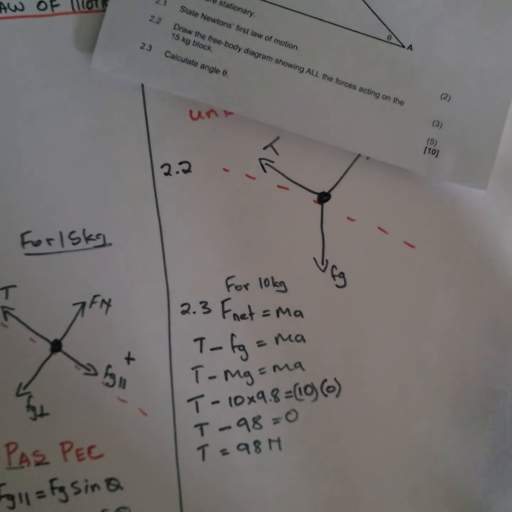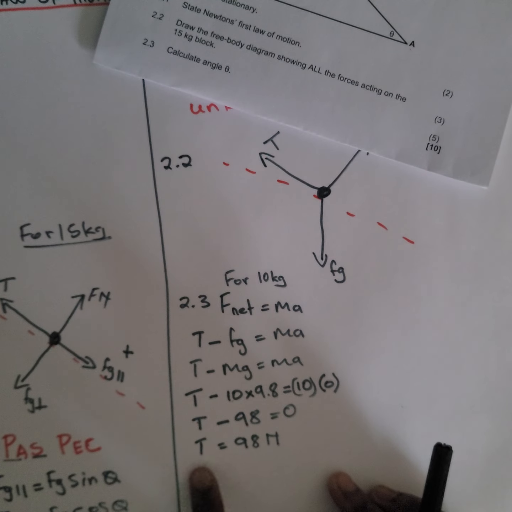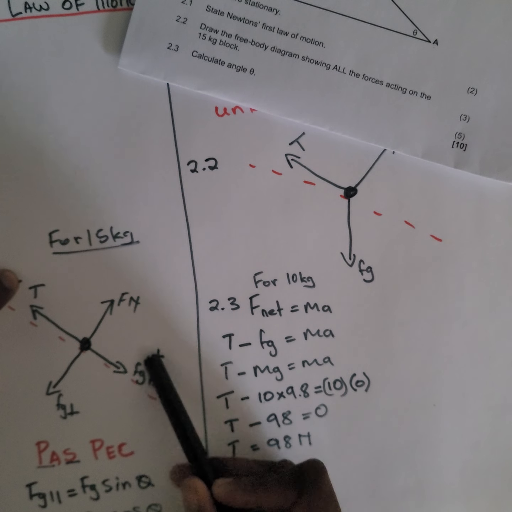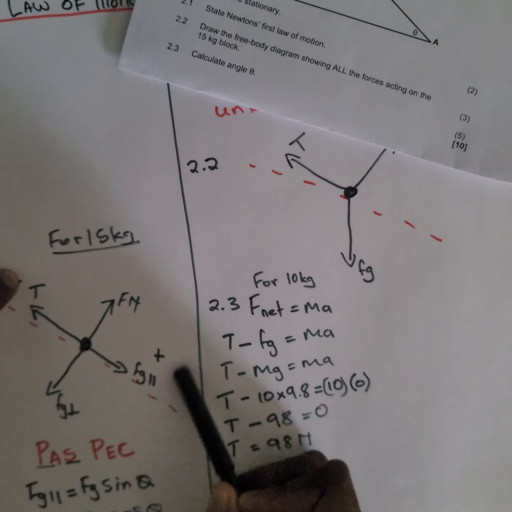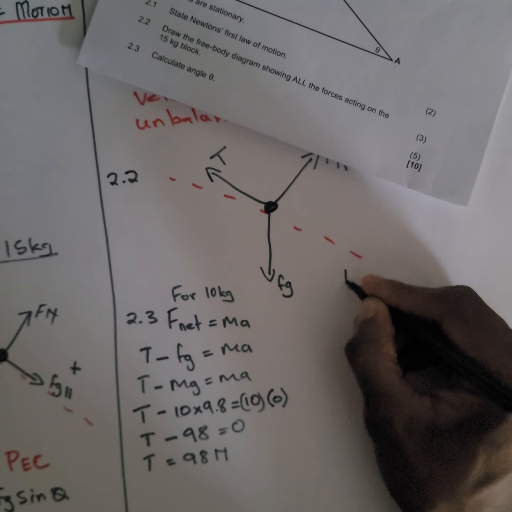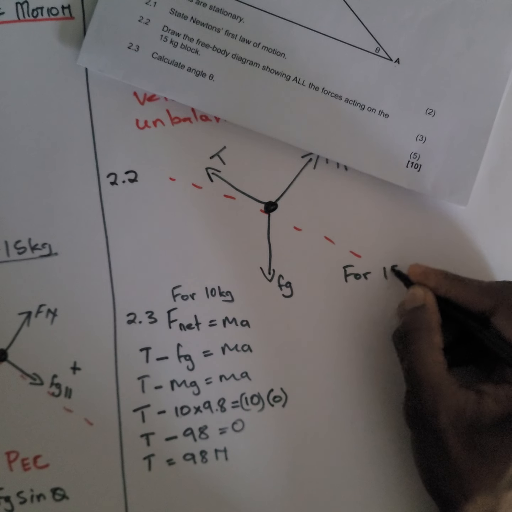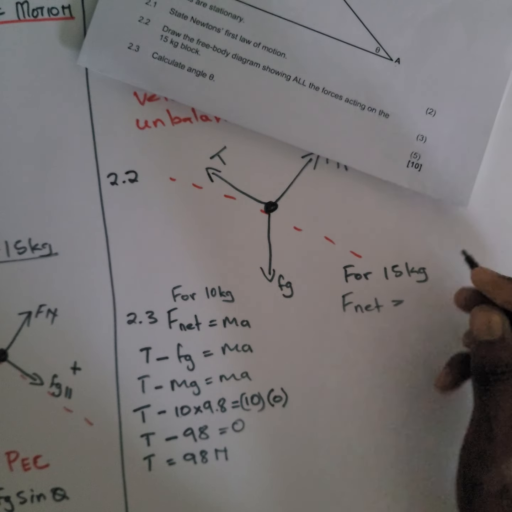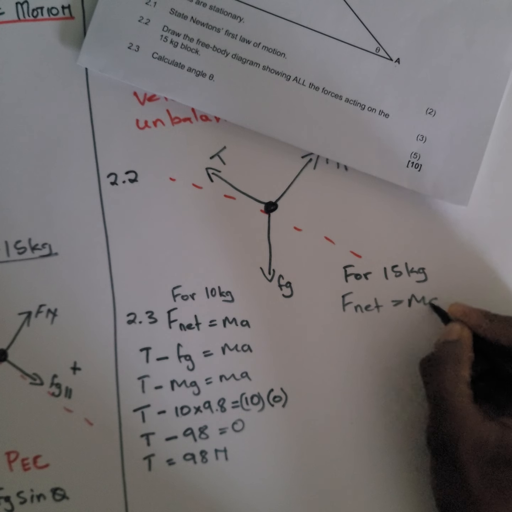So with that being said, I now know the tension here. Can I use this tension here, substitute it here, and then be able to find theta there? How will I do that? I will then say for 15 kg, F net is equal to ma.